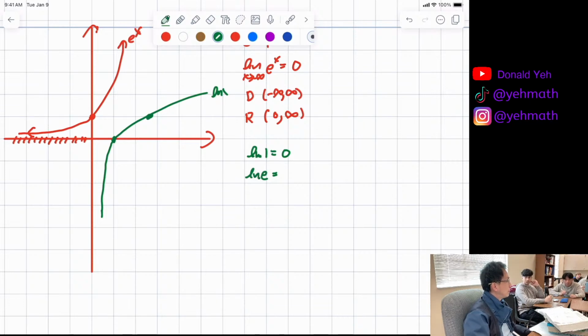Natural log of e? 1. Very good job. How about the limit as x approaches 0 from the positive side of natural log of x?